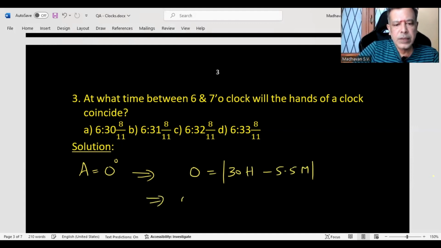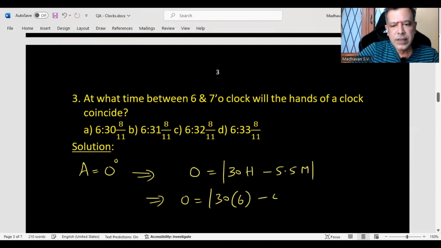So 0 is equal to 30 times, since they talk about between 6 and 7 o'clock, the hour should be 6 only. 6 minus 5.5 M. We need to find out what the M value is.